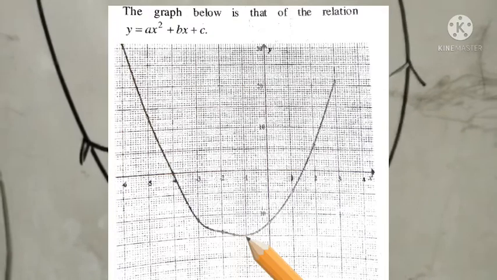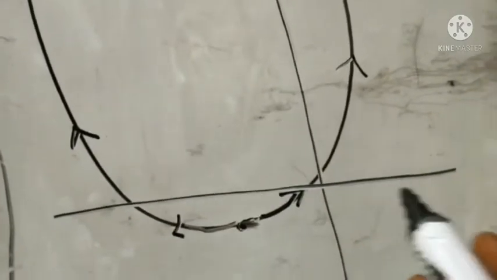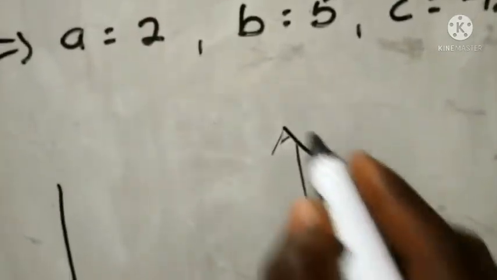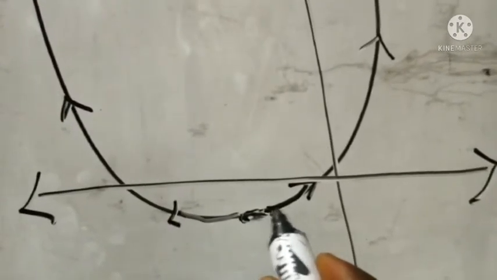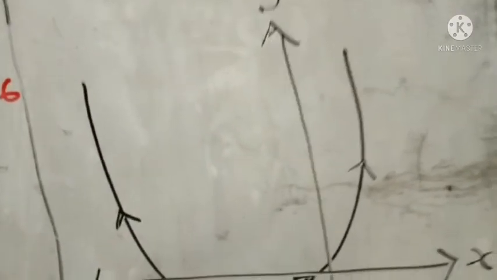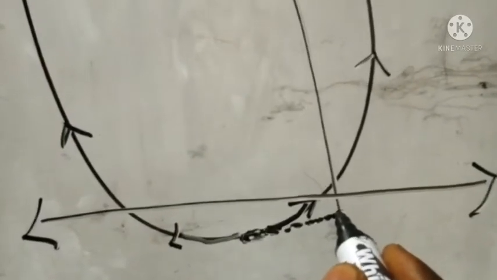But the question says to find the minimum value of y. If you draw your line perfectly from the graph, you can see something of this nature. This line here is what we call the x line, and anybody on this line from top to down is what we call y. Since the question says to find the minimum value of y, you have to trace this point to the y line to determine the minimum value.